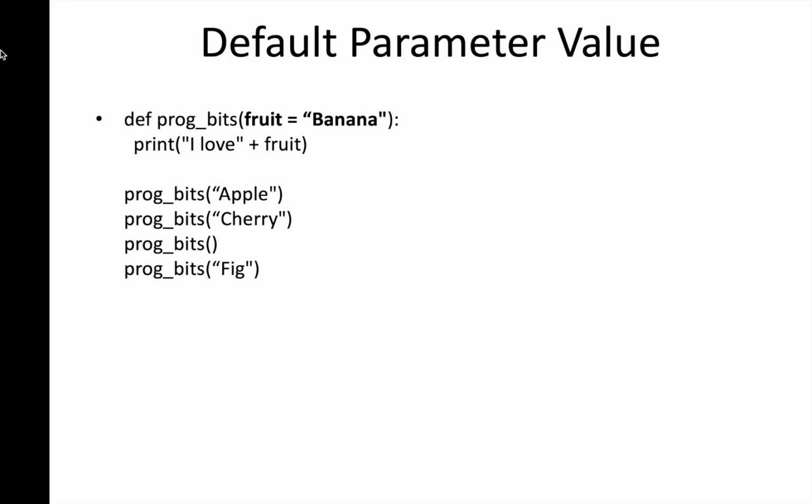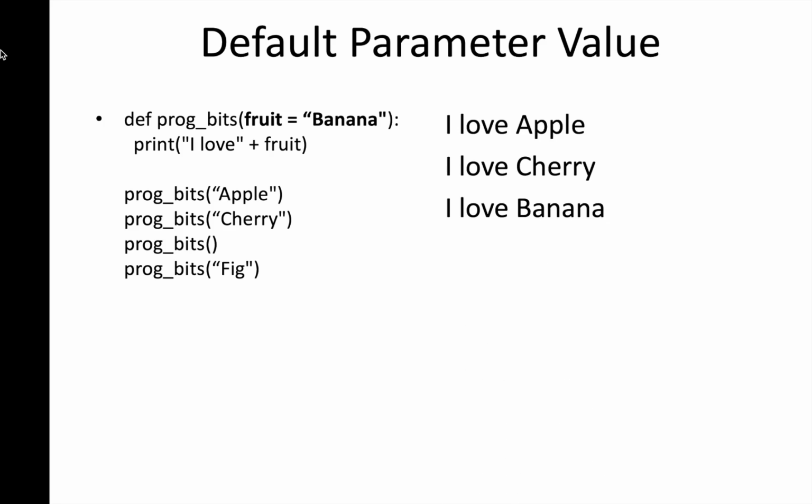First time I'm passing apple, second time cherry, third time I'm passing nothing, so this time banana will be printed as the default value, and fourth time I'm passing fig. So the answer will be I love apple, I love cherry, I love banana, and I love fig. These will be the output for the program displayed.